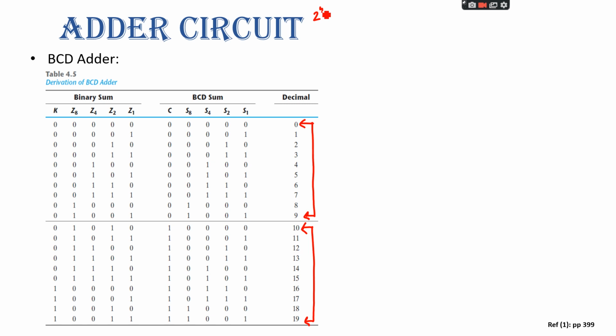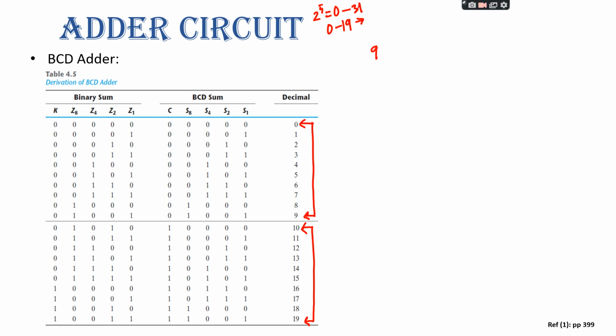So if you have 5 bits, what would be the combination? 0 to 31, right? Yes, sir. But here they are only showing 0 to 19. Why is that? Can anyone tell? So what is the single maximum digit that you can have for BCD? 9, right?